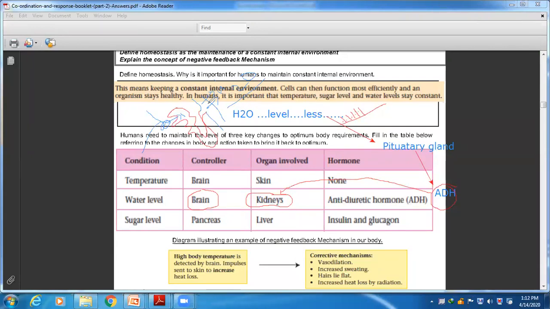The same is true for glucose level; it should also be controlled. Why should it be controlled? Remember, the glucose, the sugar level, is well controlled by the pancreas. I already told you in this lecture, the pancreas produces insulin and glucagon.